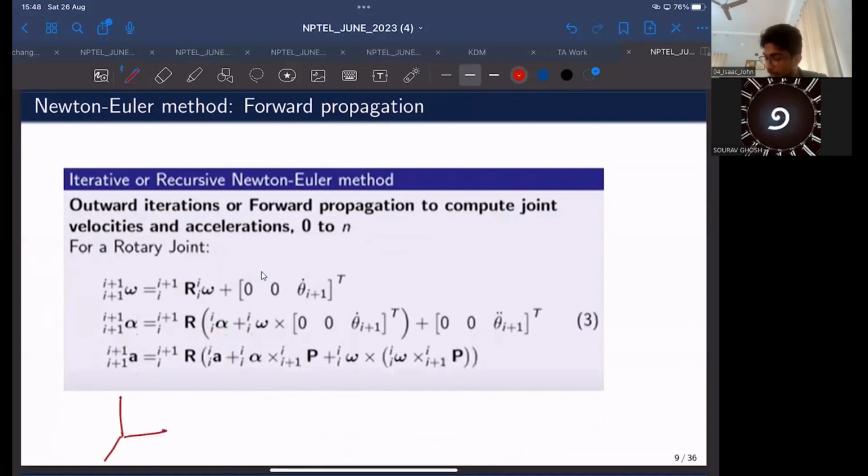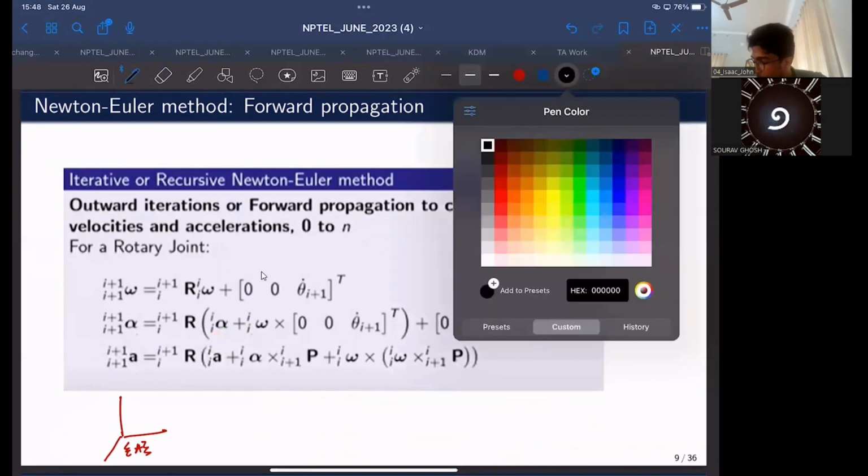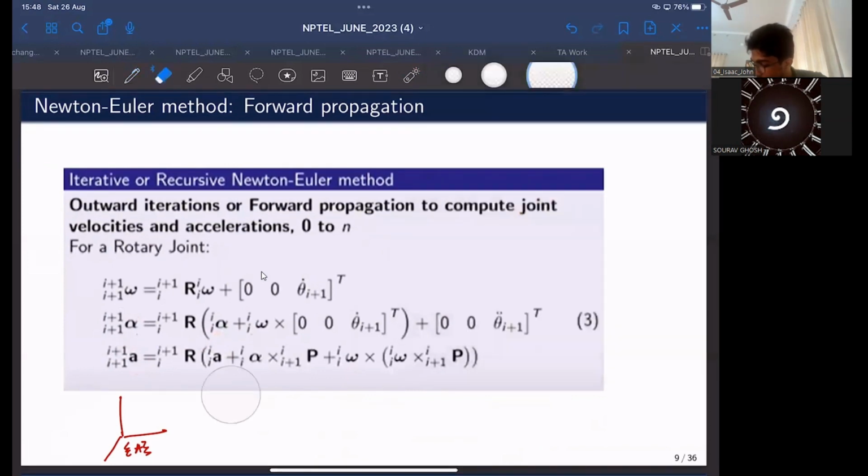So if we have a frame A over here, a frame fixed in space, and we have a rotating frame B with respect to A over here, and we have a vector Q. The position of vector Q is defined with respect to B.